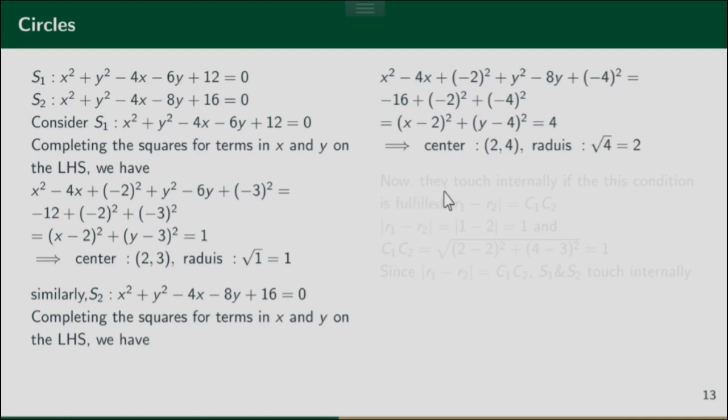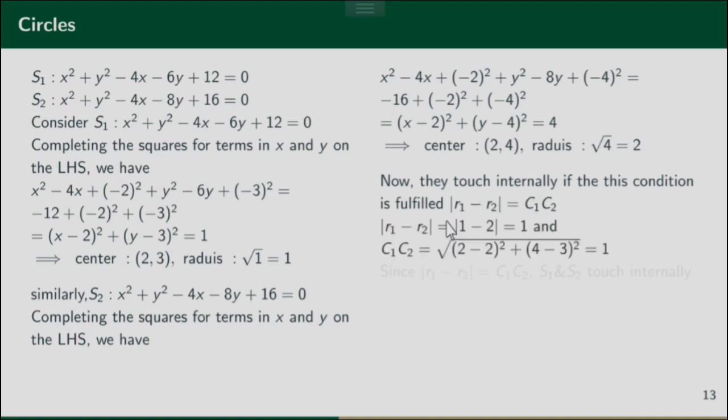To show that they touch internally, I'll need to find the difference between their radii and compare it with the distance between their centers. The difference between their radii: I take the radius of the first circle, which is 1, minus the radius of the second circle, which is 2, and the result is -1, so the distance between them is +1. And finally, I'll find the distance between their centers, C1 and C2.